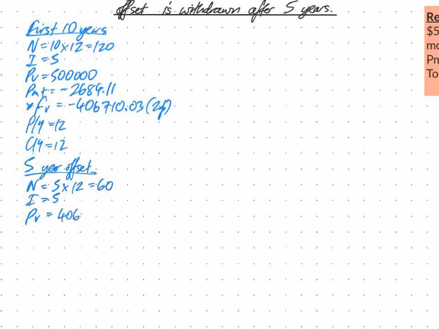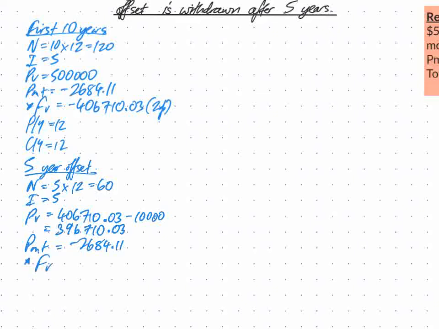So it's 406,710.03. The debt is reduced by the offset while it's in there. So it's going to be 396,710.03. The payments remain the same, negative 2684.11. I want to work out what do I still owe the bank after this 5 years of offset. So that's why I'm still finding FV.